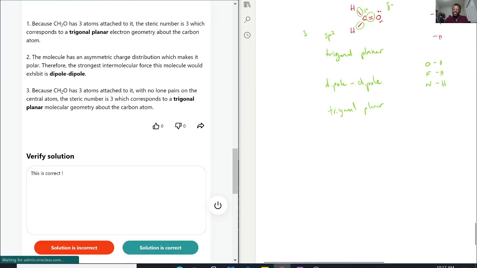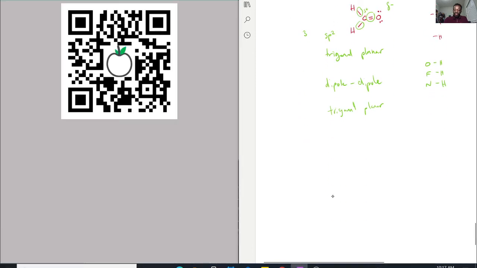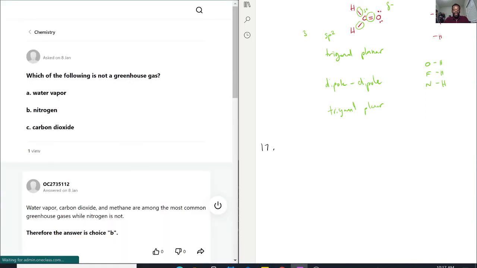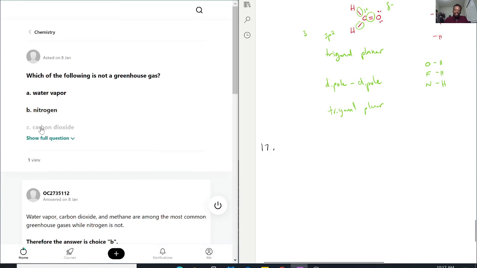And now let's move on to question number 17. Which of the following is not a greenhouse gas?